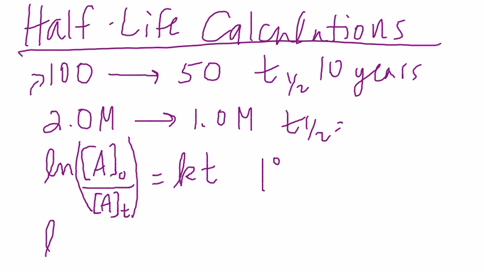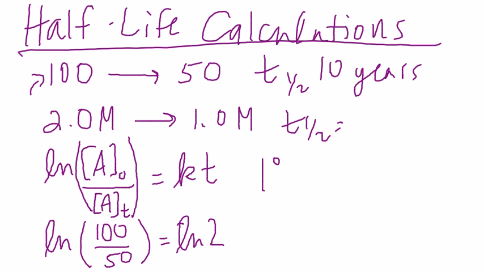If you take the number 100 and you divide it by 50, what are you going to get? You're going to get the natural log of 2, right? Or if we took the 2 molar divided by 1 molar, you get the natural log of 2. So this ratio, when we're talking about a half-life, is always 2.